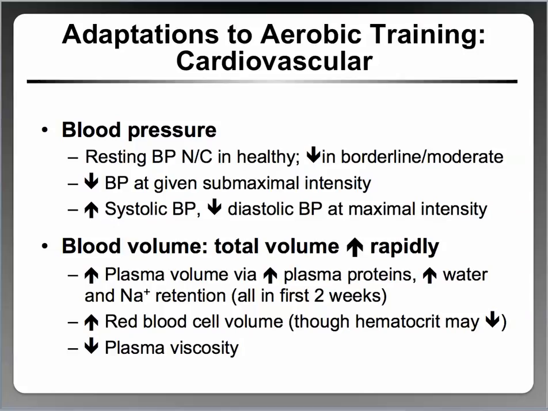It's one of the beneficial adaptations that occurs: an increase in maximal systolic blood pressure. And then on the flip side, in order to accommodate filling time and other issues that we've previously talked about, what you're going to see is a decrease in diastolic blood pressure with maximal intensity exercise.